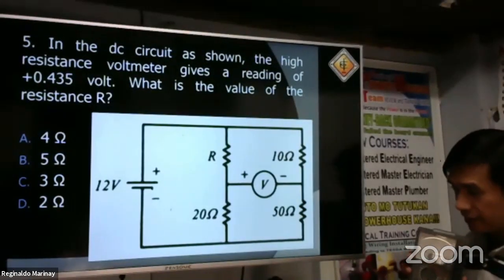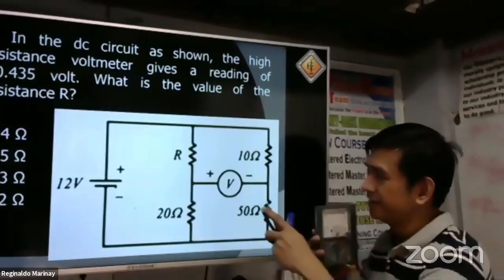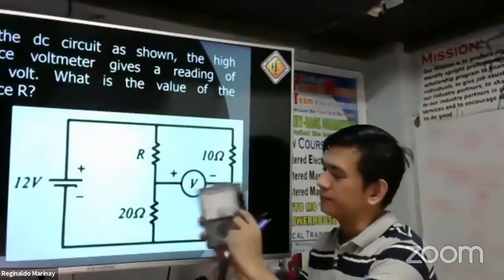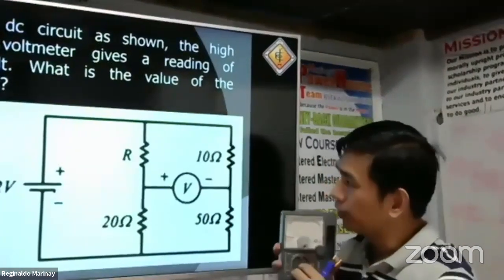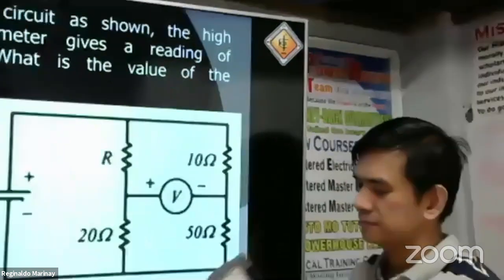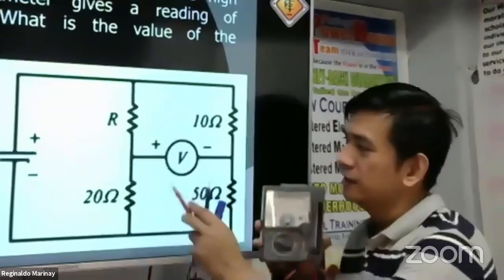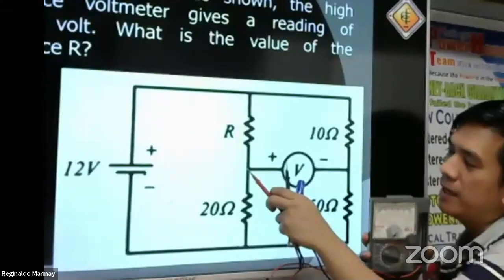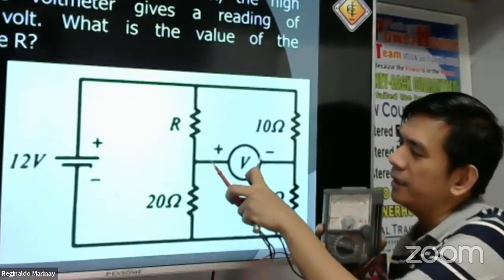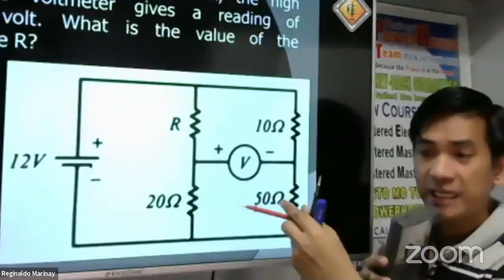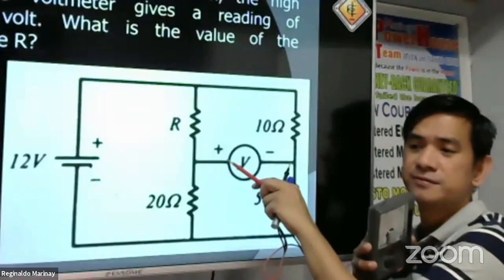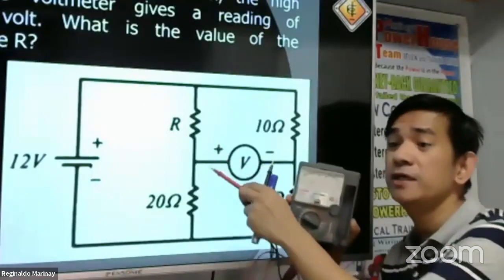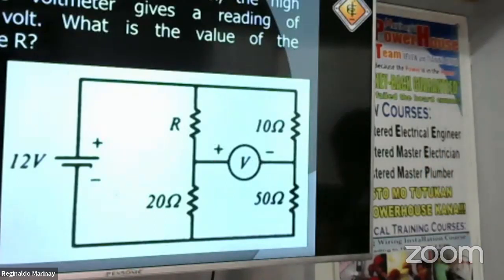Just like the one I have. Of course, you have to put this in the DC volts. The red one is the positive terminal, and the black lead is the negative terminal. Then I will just remove this. So, this is now our equivalent circuit.